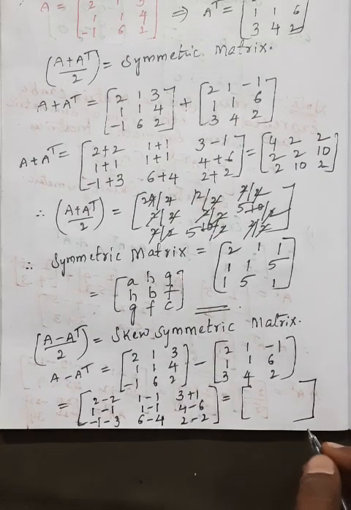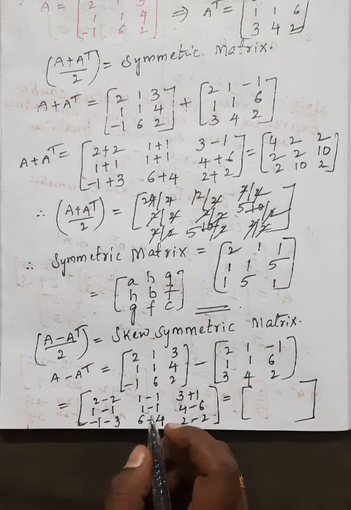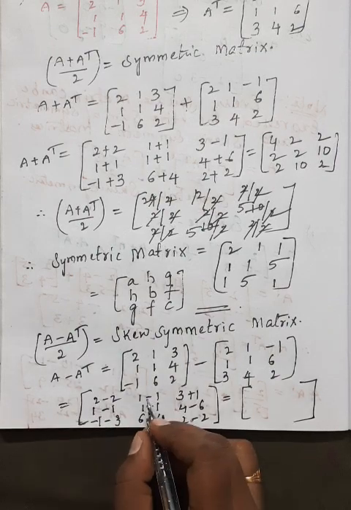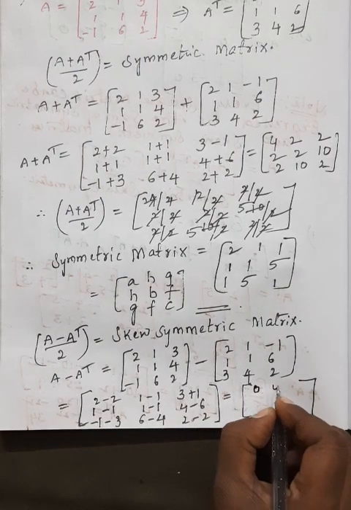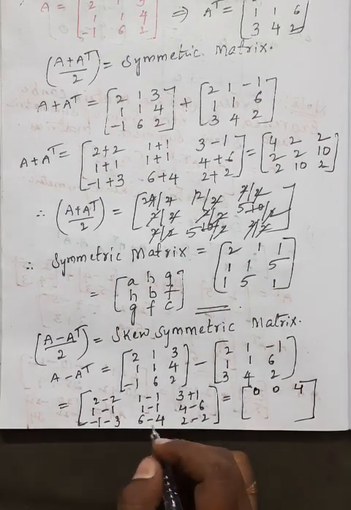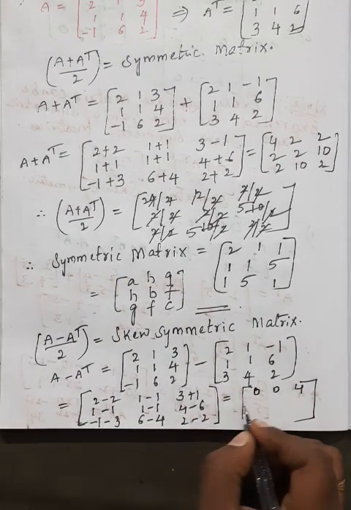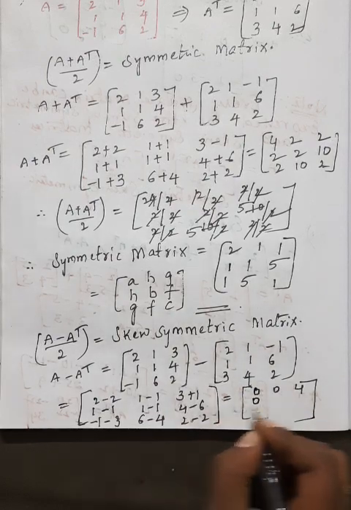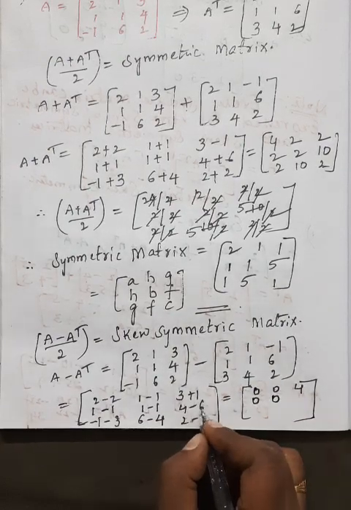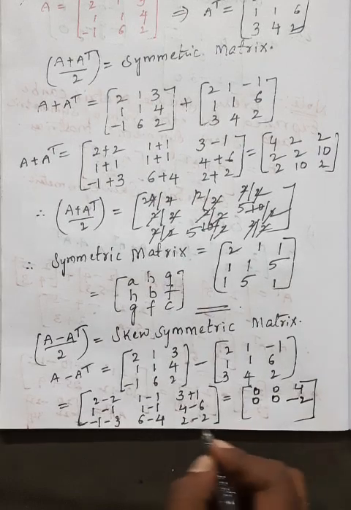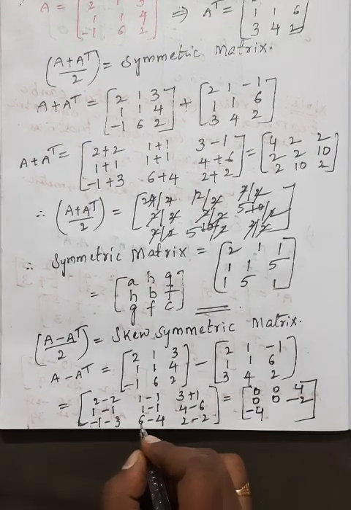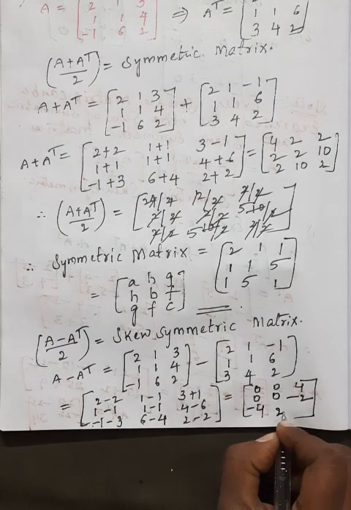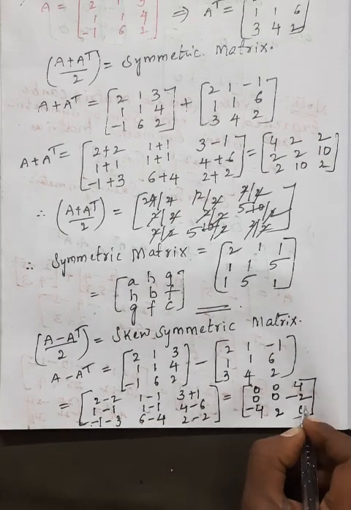Then you will get the answer as: 2 minus 2 is 0, 1 minus 1 is 0, 3 plus 1 is 4, so 0 0 4. Next 1 minus 1 is 0, 1 minus 1 is again 0, 4 minus 6 is minus 2, minus 1 minus 3 is minus 4, 6 minus 4 is 2, 2 minus 2 is again 0.